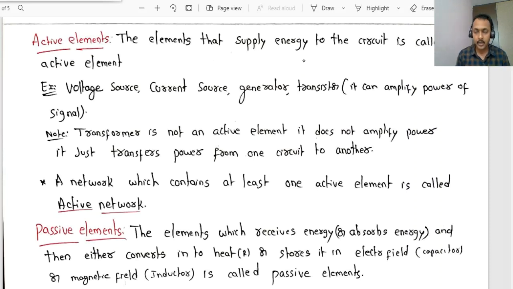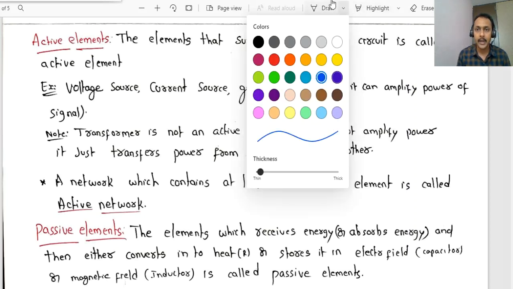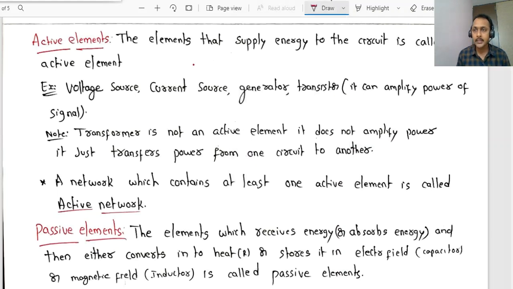From our electrical point of view, any element that supplies energy is to be treated as an active element. For example, we have voltage source, current source, and also the generator, transistors, right?